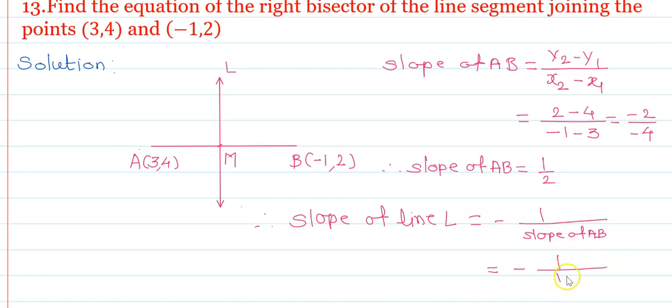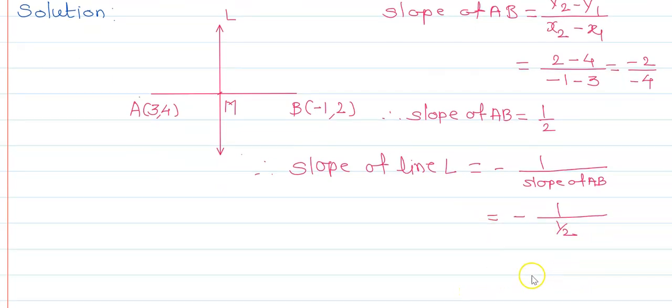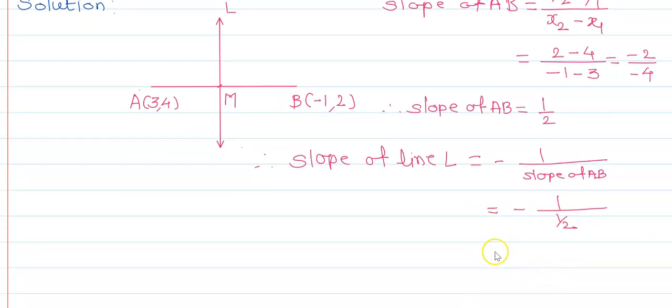It's 1 upon 2, and that is equal to minus 2. Therefore, slope of line L is equal to minus 2.